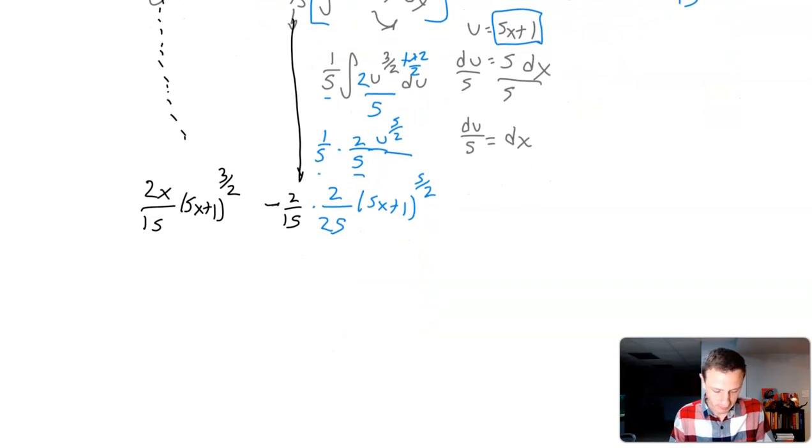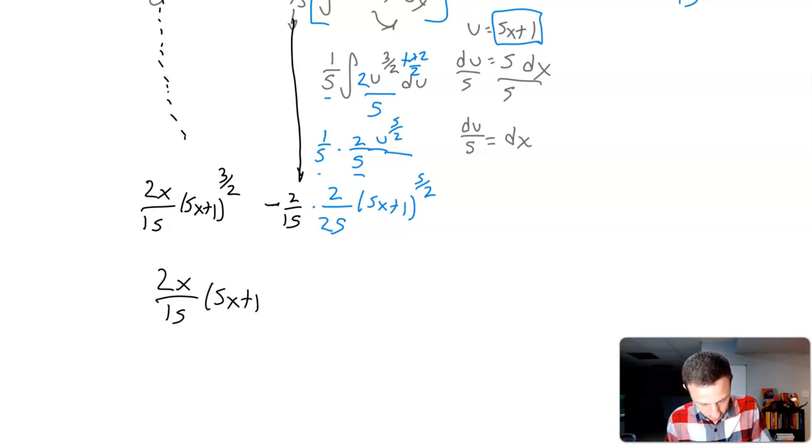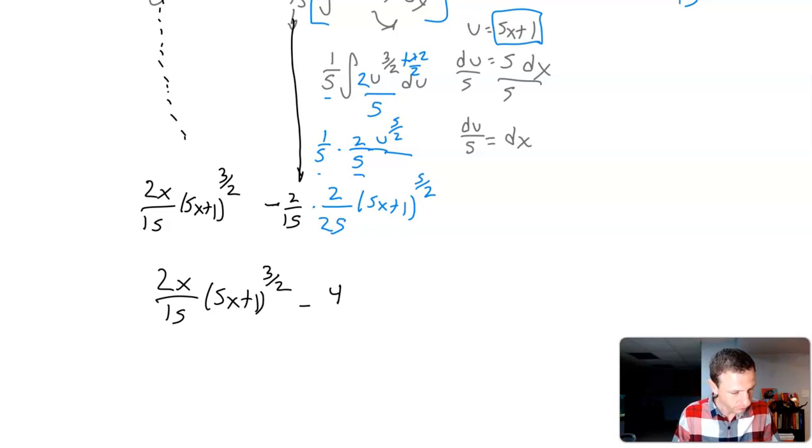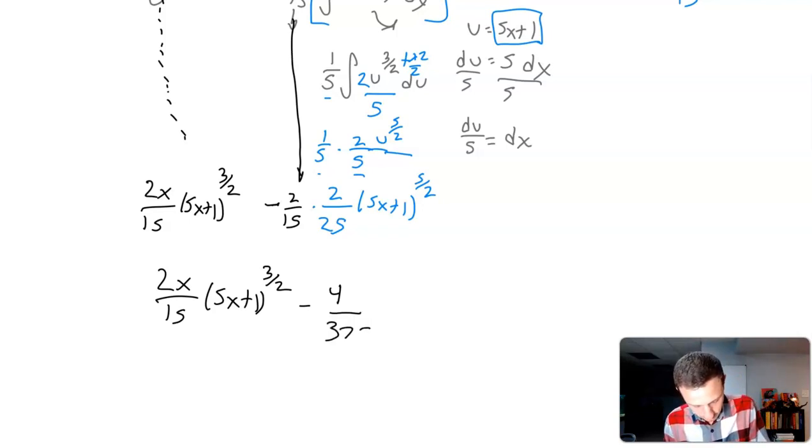And then I'll go ahead and write all this down one last time. So 2x over 15, 5x plus 1 to the 3/2 minus 2 times 2 is 4. 15 times 25, got to double check, 375, yep. 5x plus 1 to the 5/2.